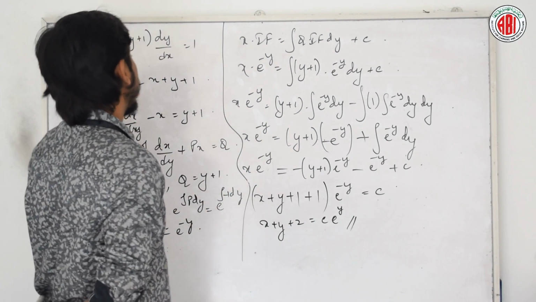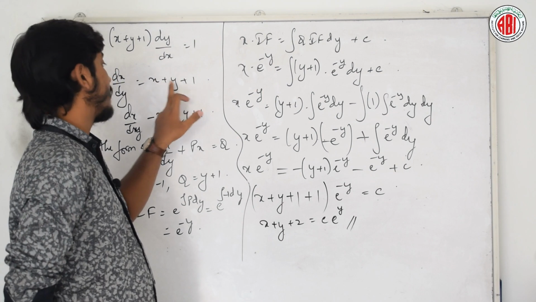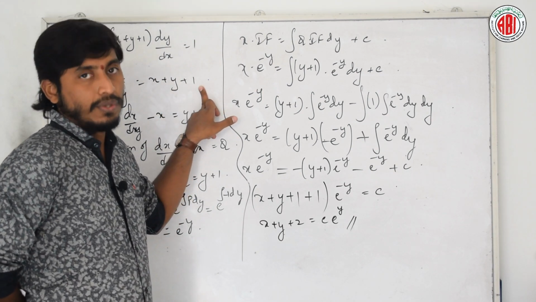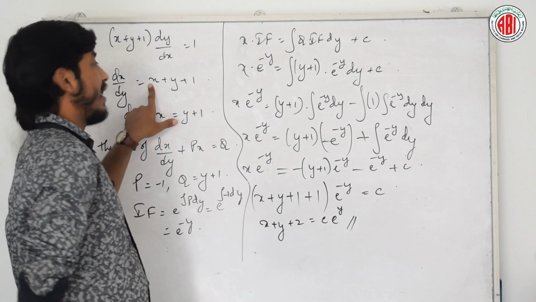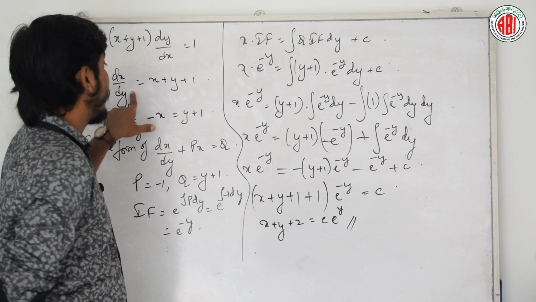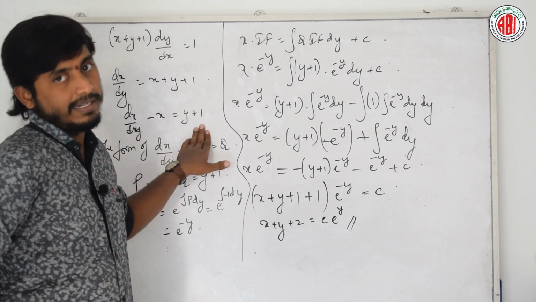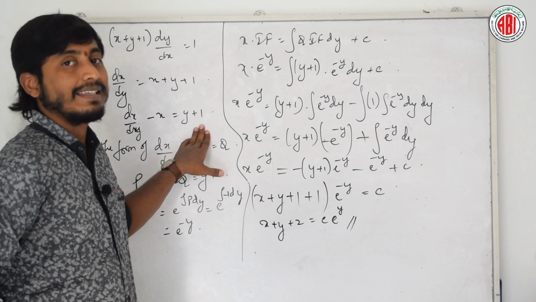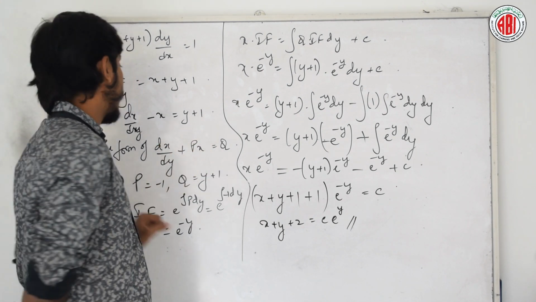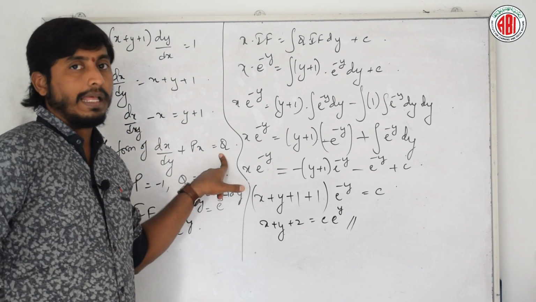So, we will just write it in the form of dx by dy equal to x plus y plus 1. Since it is in the form of dx by dy, we will have minus x this side and the remaining terms on the right hand side itself. So we can simply compare it with the standard linear differential equation, that is dx by dy plus px is equal to q, right.